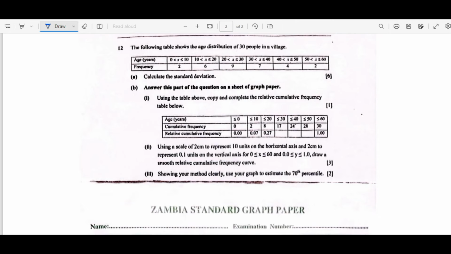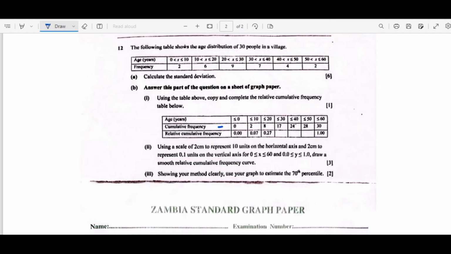So the other question is, we need to now plot what we have on the graph. So B1, B. Answer this part of the question paper on a sheet of graph paper using the table above. Copy and complete the relative cumulative frequency table below. So how were they finding the relative cumulative frequency number?